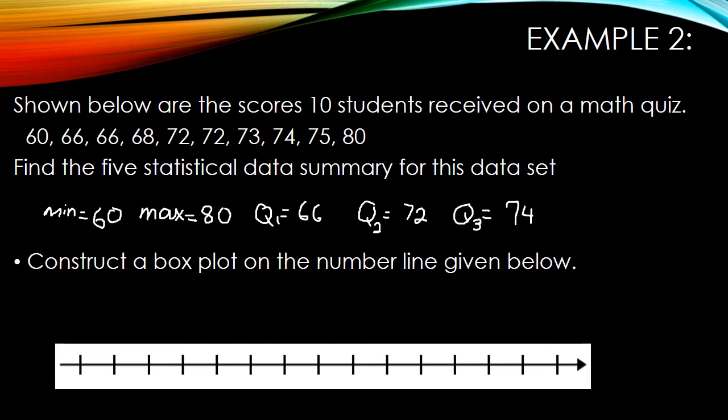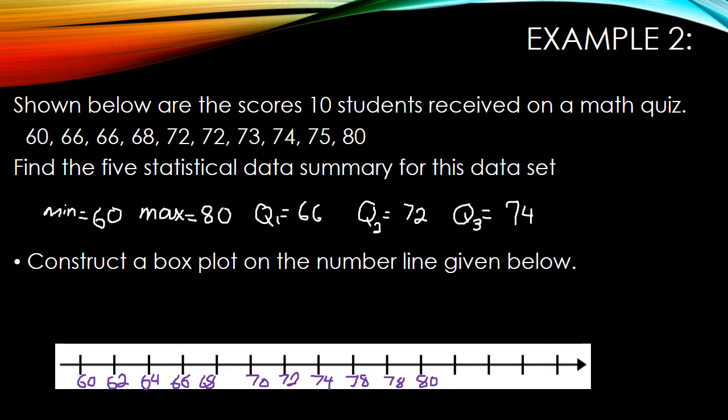I'm going to start by 60, and then I'm going to add 2 each time. 64, 66, 68, 70, 72, 74, 76, 78, and 80.